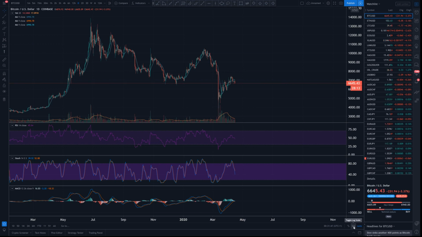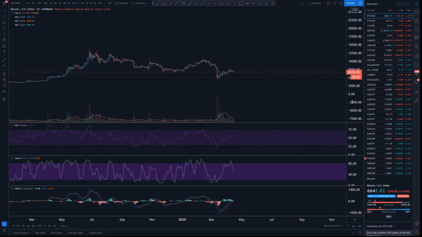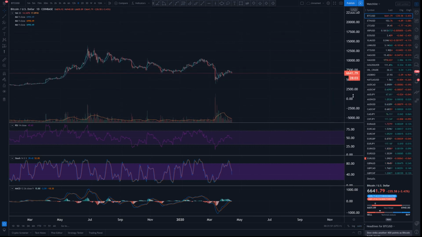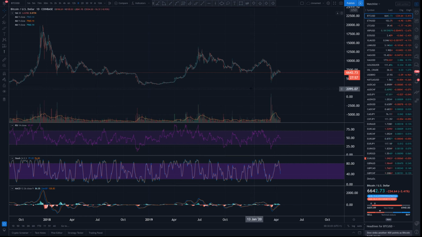So I will keep myself in linear mode, off of log, for the sake of this lesson and future lessons. One more thing while we're here: if you ever find yourself moving your chart around, let's say you shrink in your price, your y-axis, or your x-axis, and you want to get back to the default view, which takes your highest and lowest price action and fits it into the window of view, you can do two things.